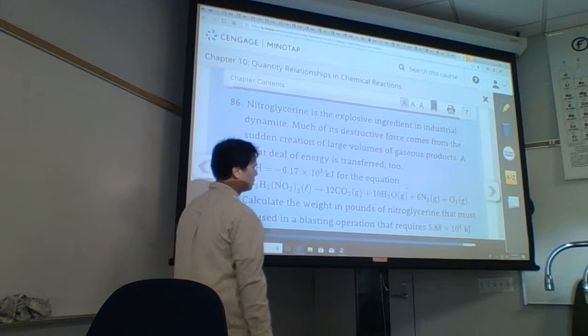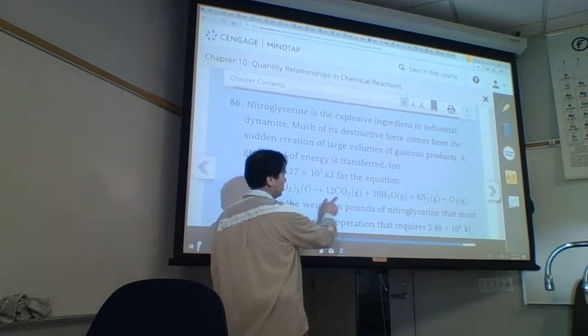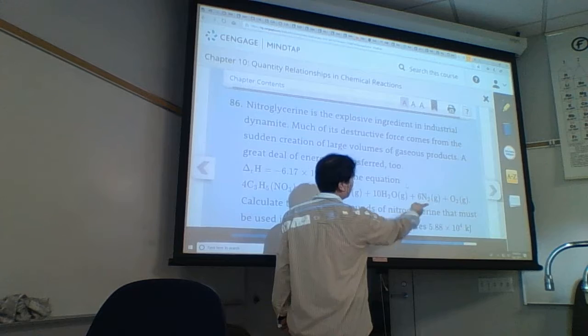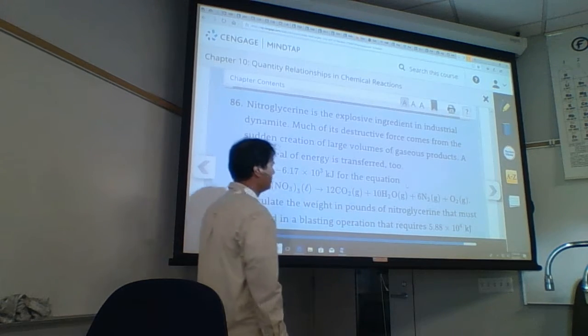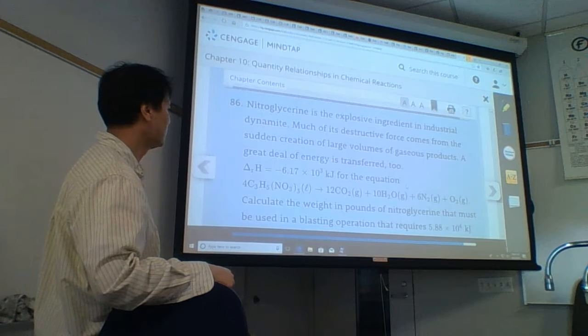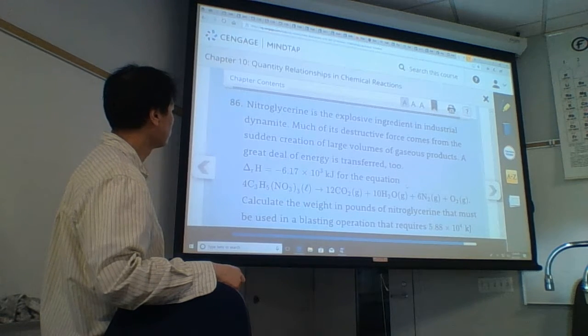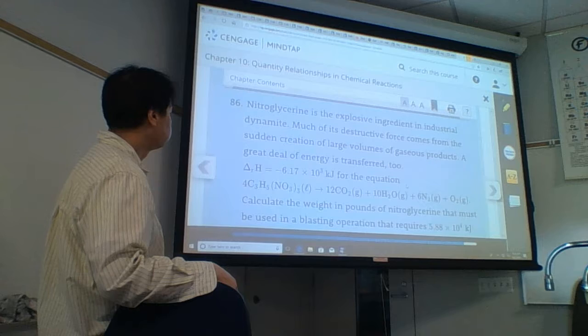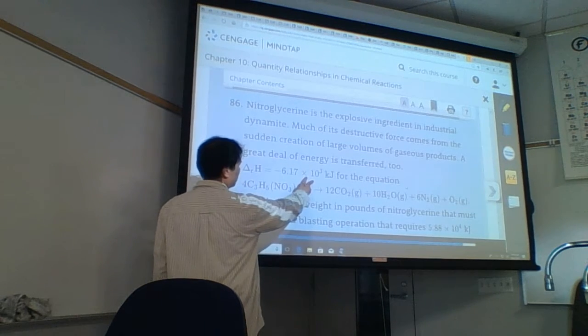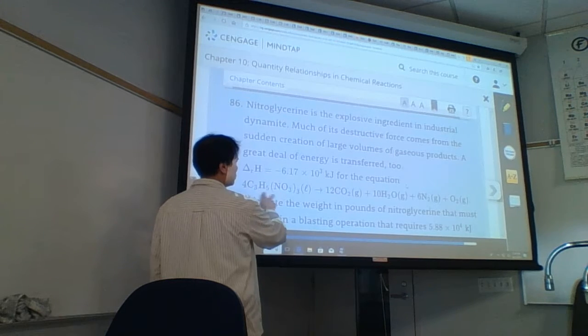Gases contain significantly more volume, so it forms like 12 moles of gas here, 10 moles of gas here, 6 moles of gas, a mole of gas. So it's a huge expansion in volume. It happens very quickly, which leads to detonation. A lot of energy is involved in this.